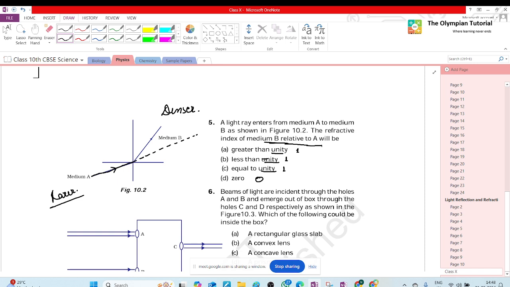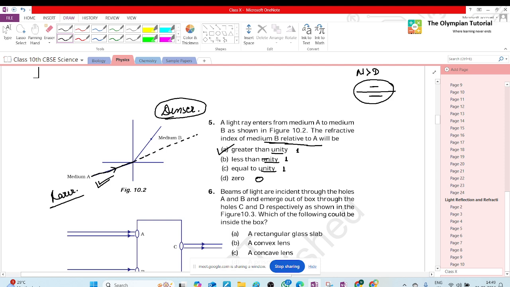Now look, B is optically denser, its refractive index is more than A. We are writing in the numerator a greater value than the denominator. Then we will get a value greater than unity, greater than 1.